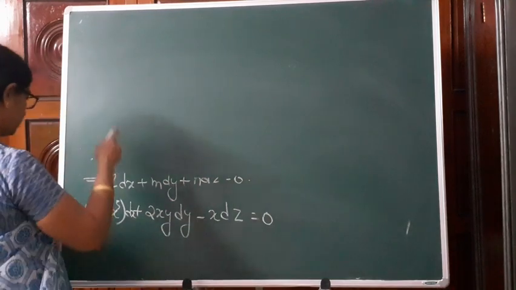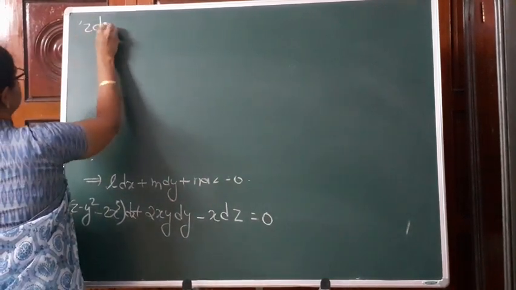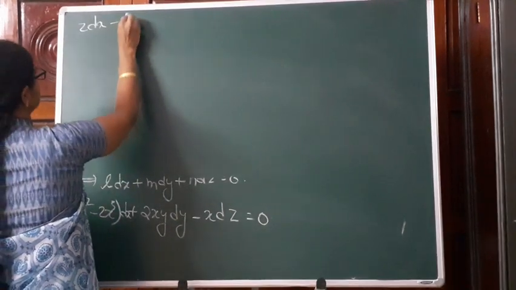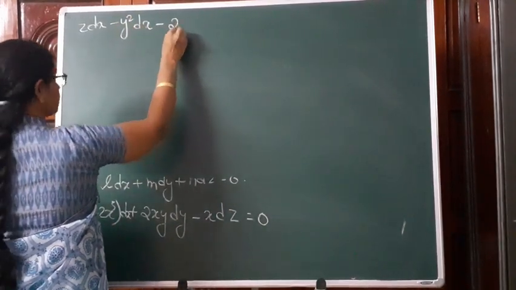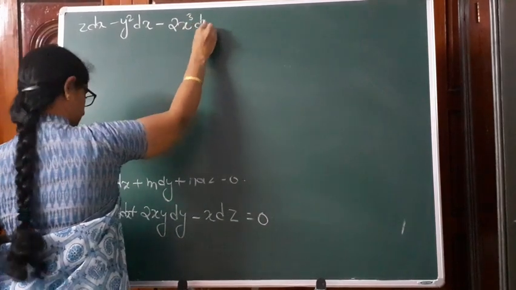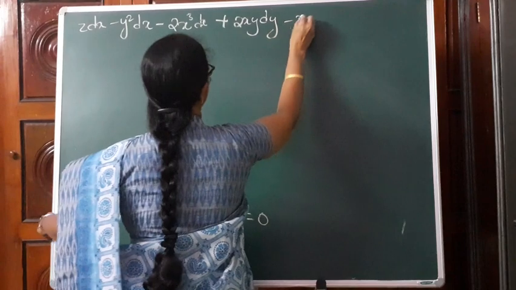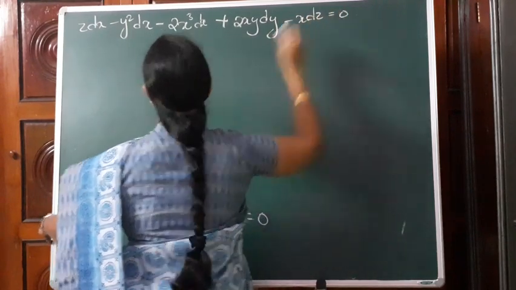For multiplying, what do we get? z dx minus y square dx minus 2x cube dx plus 2xy dy minus x dz is equal to 0.